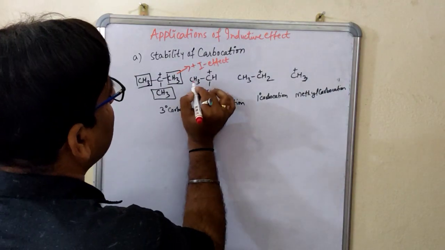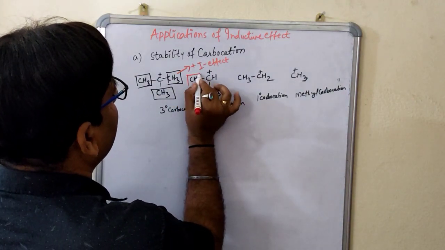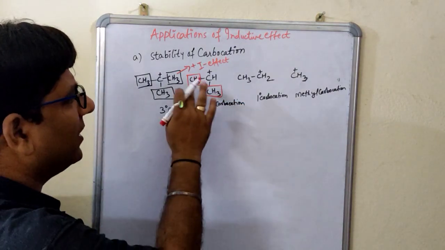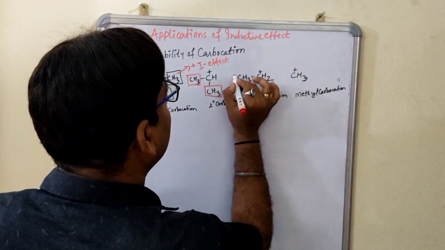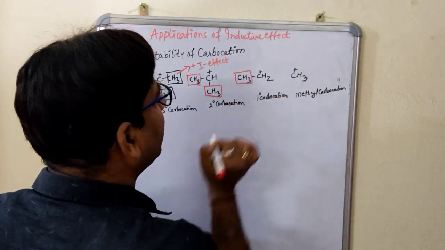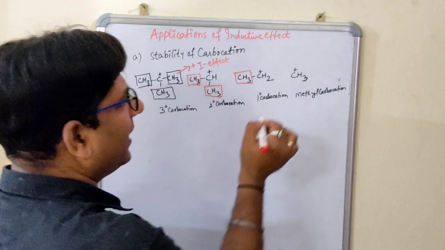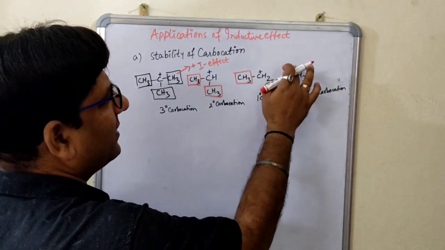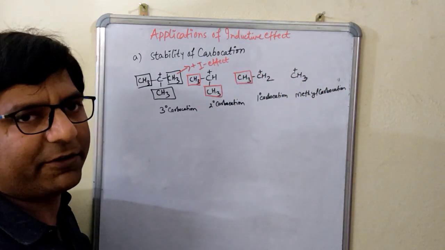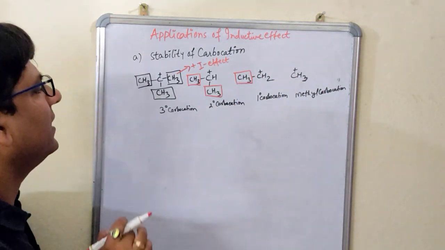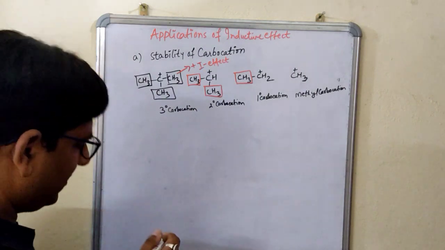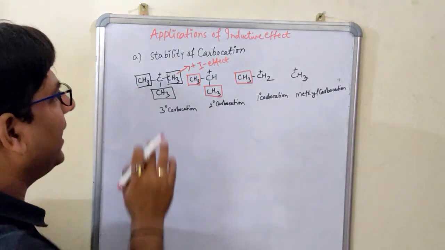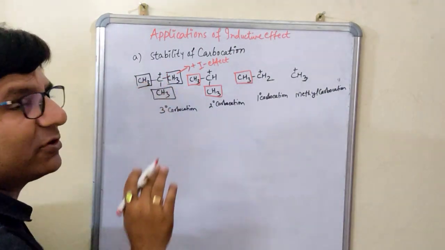Right? In this case you will see that the 2 degree carbocation has 2 alkyl groups. Here we have directly linked to this carbocation only 1 methyl group, and here there is no methyl group attached to it. Directly the carbon atom carrying the positive charge and the 3 hydrogens are there, right? Now, when you see the first structure, students, as I told you, in the starting I told you that the carbon should be neutral in nature.